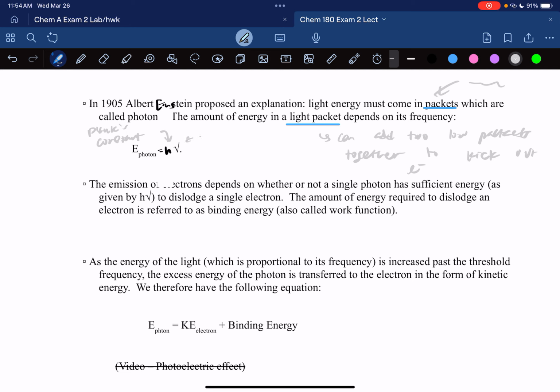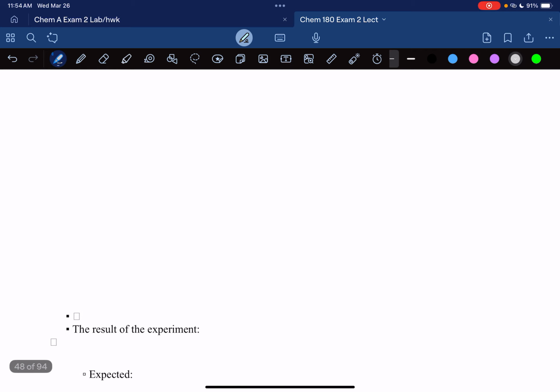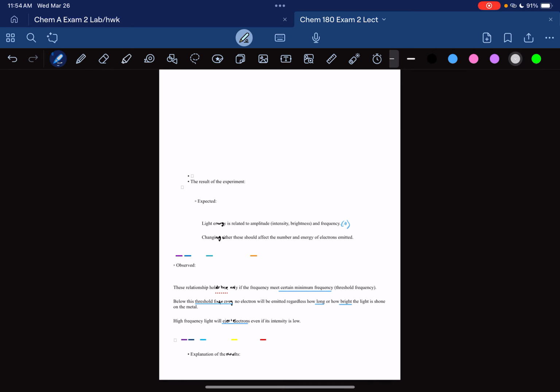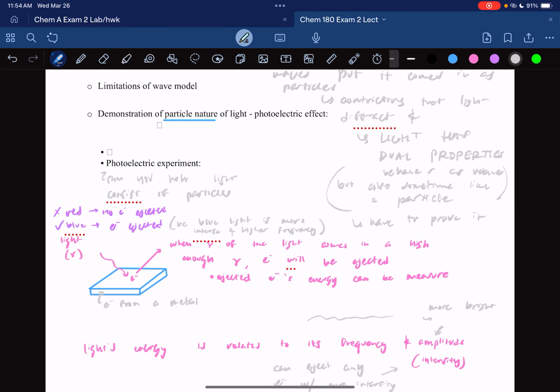Then not only could I eject the electron, I could also give the electron kinetic energy. If my frequency is high enough, I could overcome the binding energy of the metal for that electron. And also the excess light energy is going to transfer to the electron, so it flies out faster. Okay? Does it make sense?